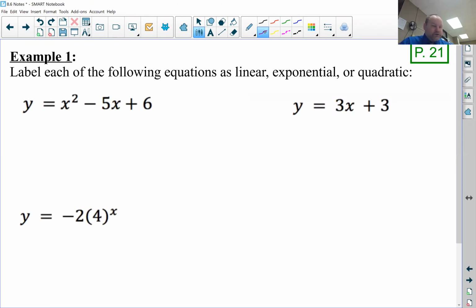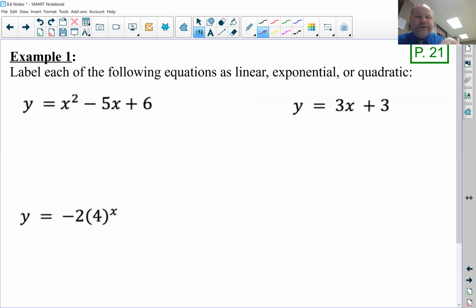All right. So what we're going to do is look at these 3 functions or equations and tell whether they are linear, exponential, or quadratic. So if I look at x squared minus 5x plus 6, is that going to be linear, exponential, or quadratic? Go ahead and put it in the chat, but let's make it easy.